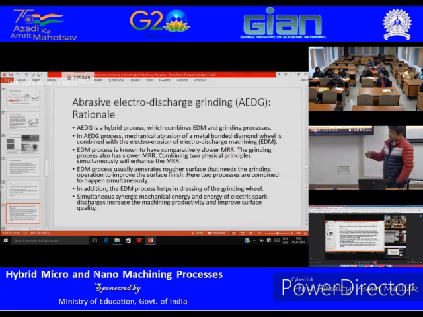In terms of material removal rate, I cannot say that it will increase, because when you have abrasive particles, the spark gap between the conductive metal and the wall is increasing. But we can expect that the material removal rate can also be improved, but definitely the surface finish will improve, and the heat affected zone will be eliminated.